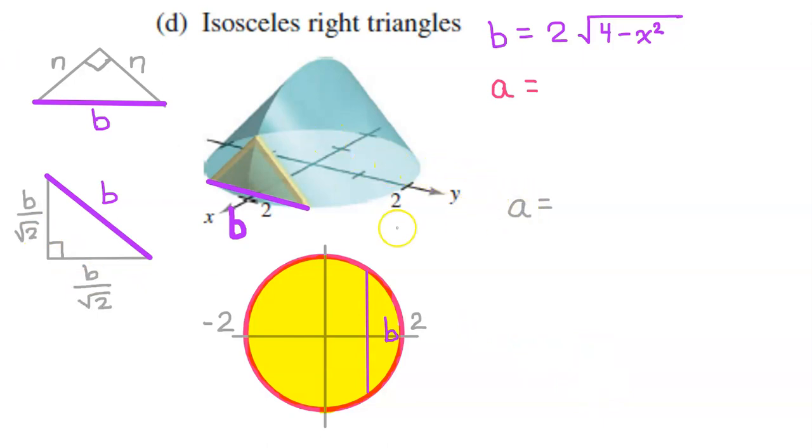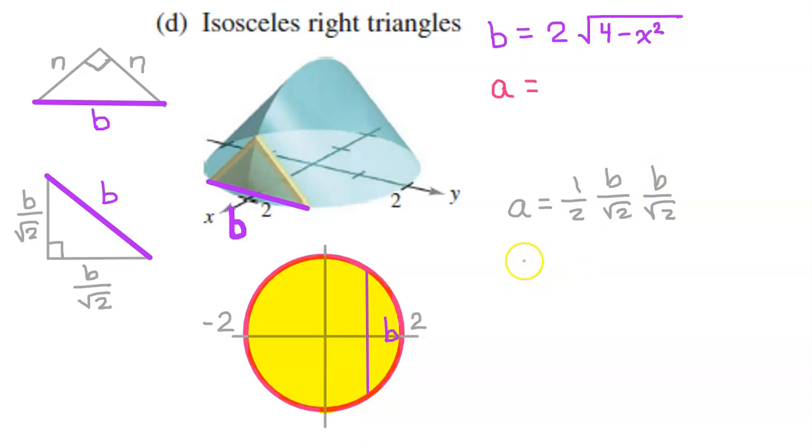We know that the area of a triangle is 1/2 base times height. Well, the base of this triangle is b over radical 2, and the height is also b over radical 2. So 1/2 base times height will be 1/2 b over radical 2 times b over radical 2.